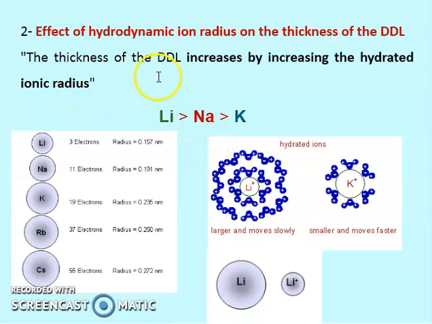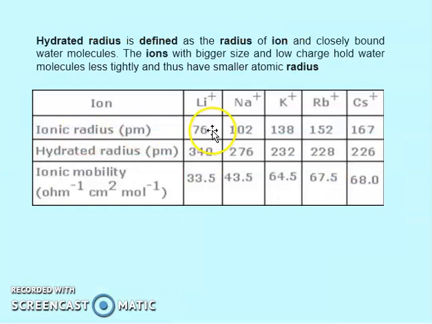The thickness of the double layer increases by increasing the hydrated ion radius or hydrodynamic ion diameter. Okay, so here you can observe that the ion radius is low, however the hydrated ion radius is high, and vice versa for others.